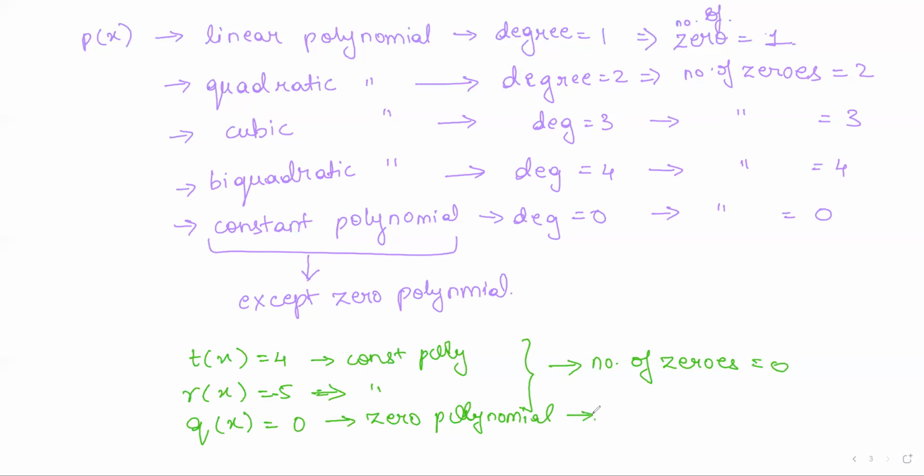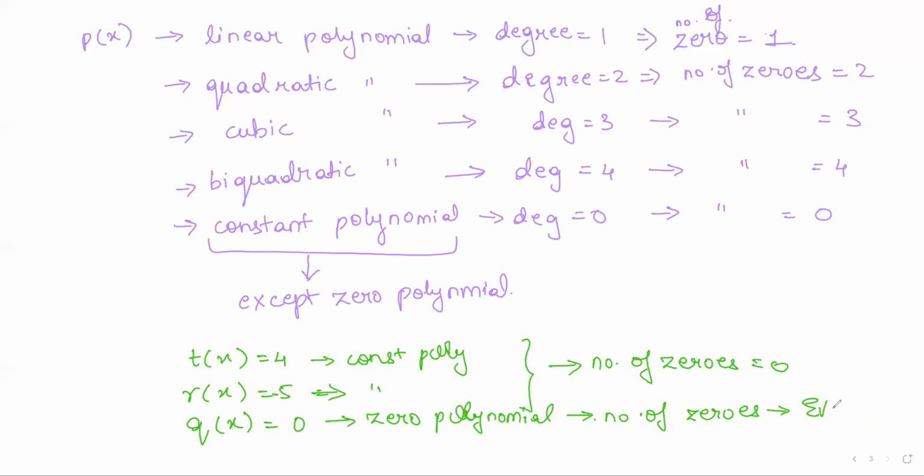Here, you will not have number of zeros 0, but number of zeros could be any real value or every real number. So it has infinite roots or infinite zeros. Roots is another synonym of zeros.